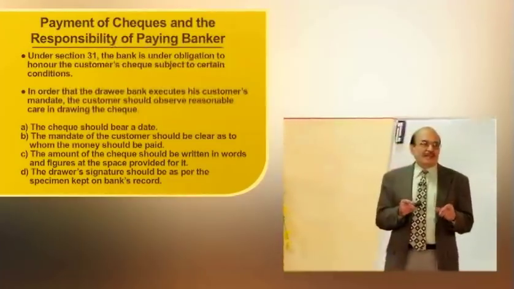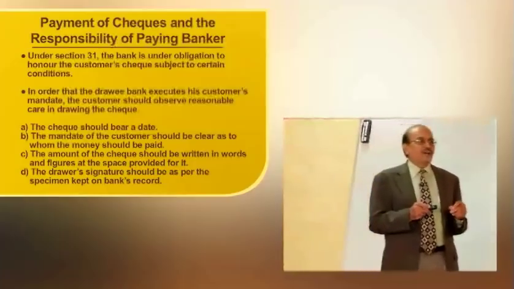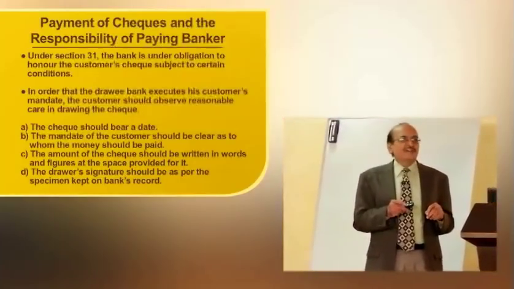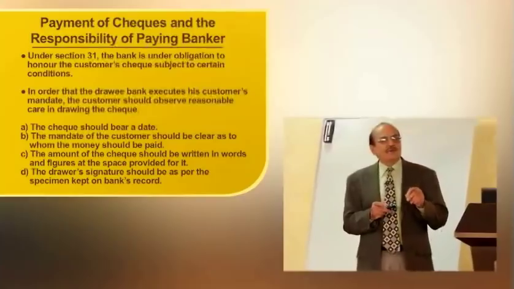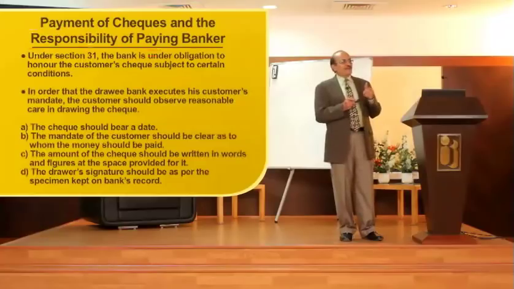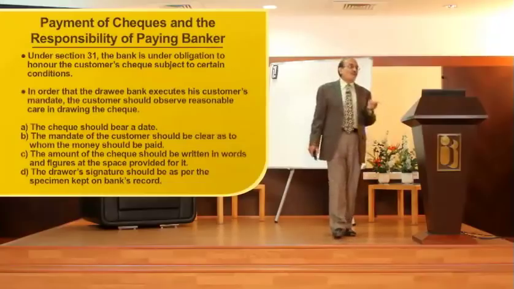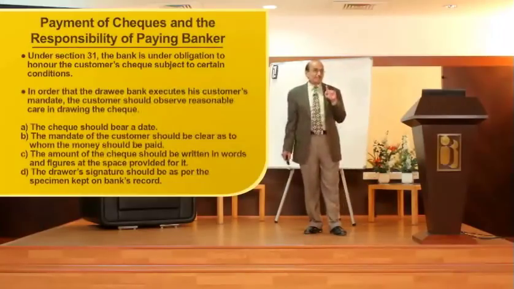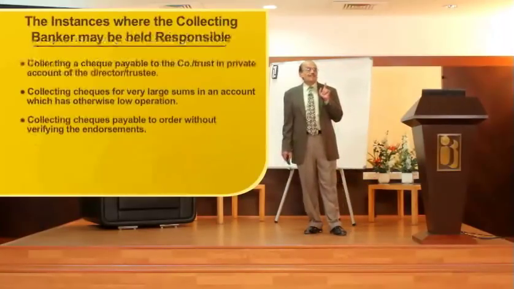Protection under Section 131 is available only to crossed cheques, and as such, crossing should be done before the banker accepts the cheque for collection. The protection is available only when the collecting banker receives payment for his customer and not for non-customers. This is also one of the important points which should be noted.